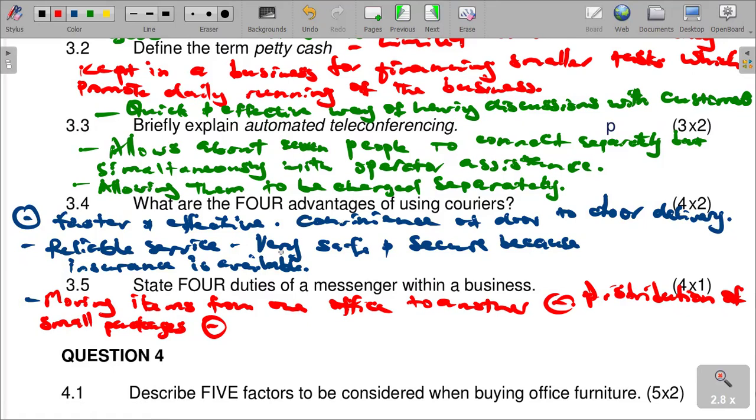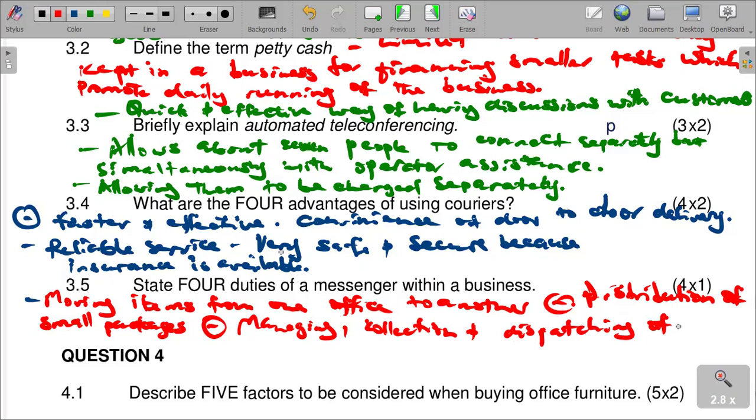Also managing the collection and dispatching of items is the duty of a messenger in the business.